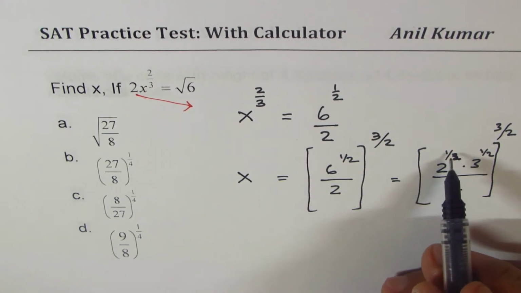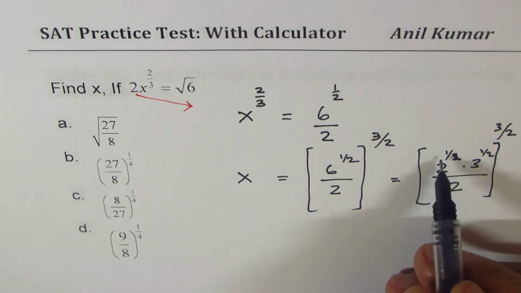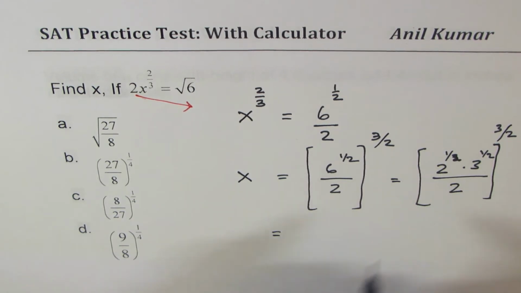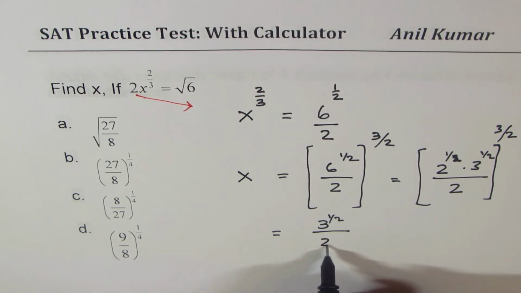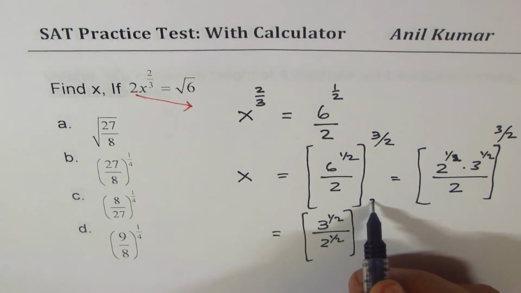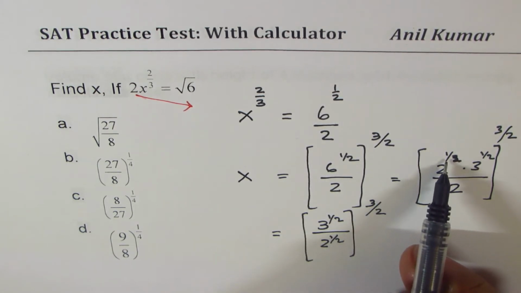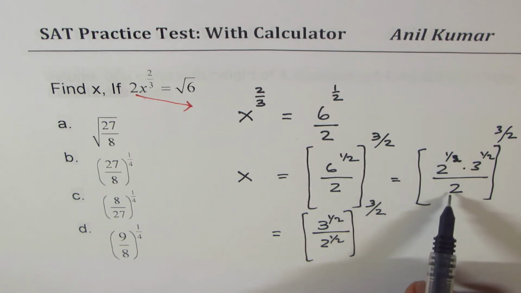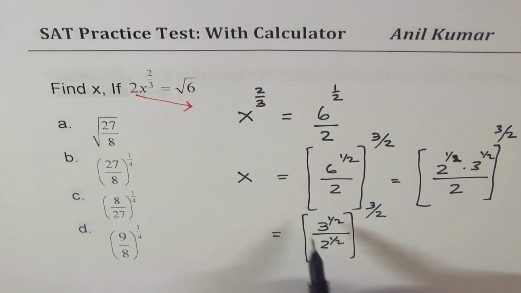Now we have 2 to the power of half in the numerator and 2 in the denominator. So we could simplify this and rewrite it as 3 to the power of half over 2 to the power of half, all to the power of 3 by 2. I hope this step is clear, right? So square root 2 comes in the denominator, since this is 2. Is it okay? Now we have both to the power of half.